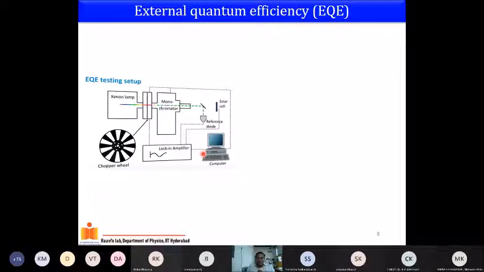So simple, it's very easy. The only thing you require is a reference photodiode whose quantum efficiency you know. Any photodiode you buy should have a data sheet, and in the data sheet you will always have the quantum efficiency of that photodiode. So it is very easy and simple to measure with this EQE setup.